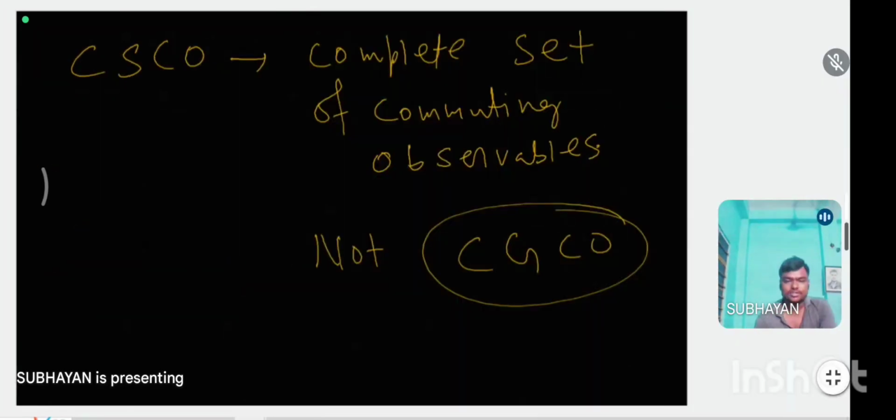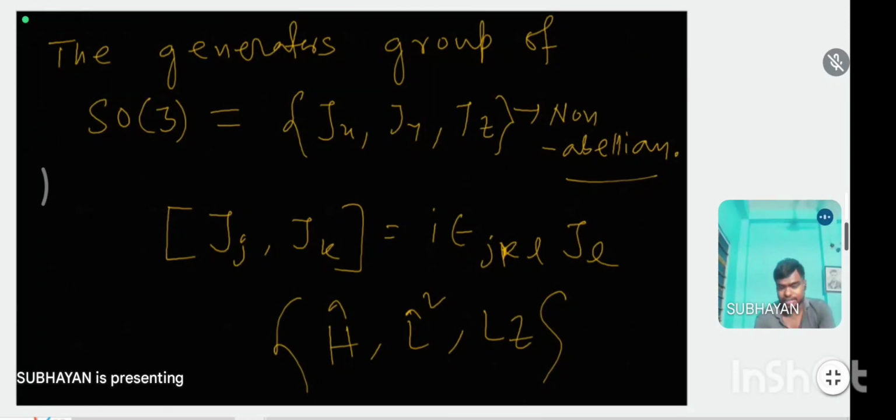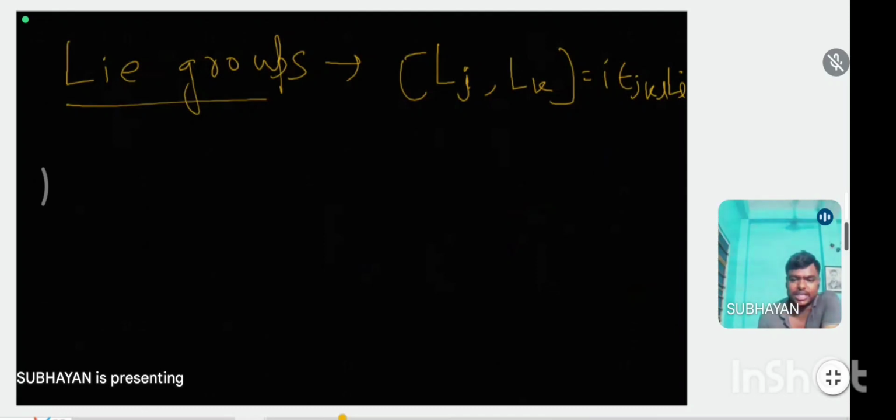So the generators of SO(3) will form some non-abelian group, and this is known as the Lie group. That particular algebra is called the Lie algebra. The algebraic structure of Lie groups is the very familiar Lie algebra.